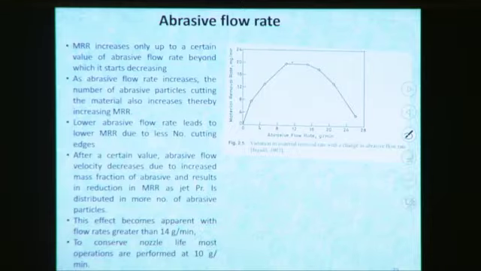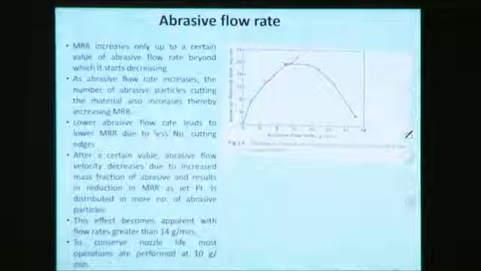Now we shall discuss the individual effect of each process parameter one by one. The first one is the abrasive flow rate, and on the y-axis we are checking the material removal rate in milligram per minute. If we increase the abrasive flow rate, the material removal rate also increases, and after some time it reaches the optimum material removal rate.